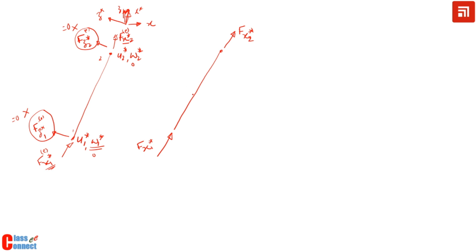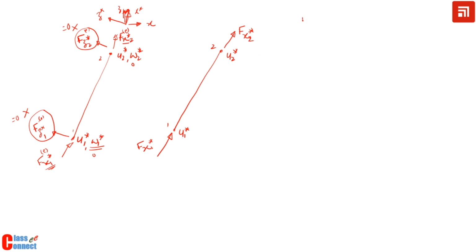The element length would be L, between node number 1 and node number 2, and we can write the nodal variables here: u1 star and u2 star. What are u1 and u2? They are the field variables in the local coordinate system for a truss element.